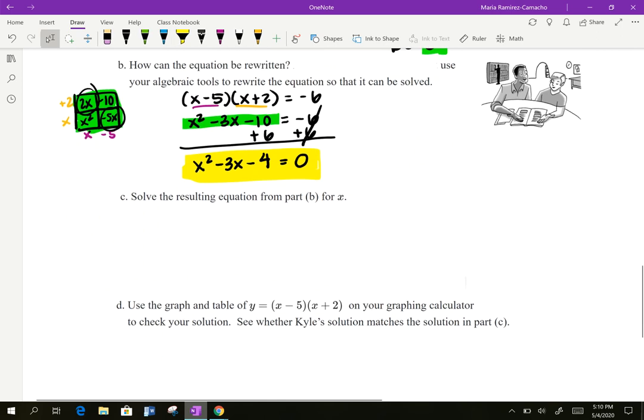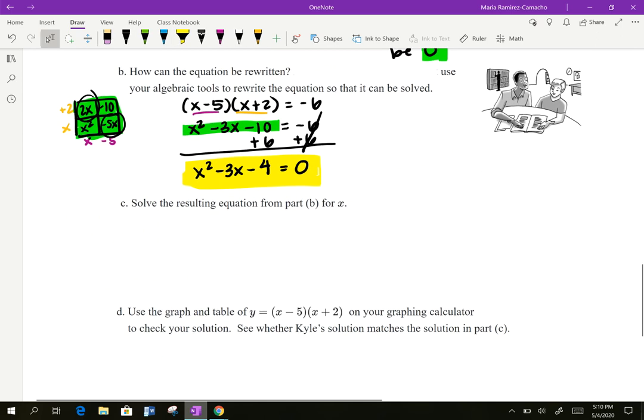Okay, part C says use the resulting equation from part B for x. So take this highlighted equation and solve for x. This is in standard form, so perfect candidate for the quadratic formula.